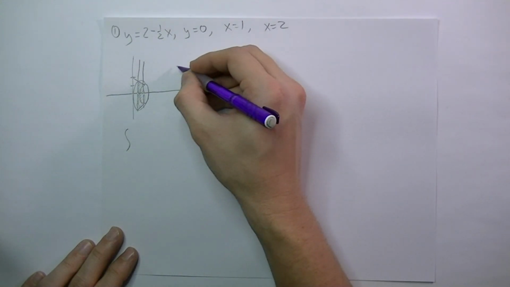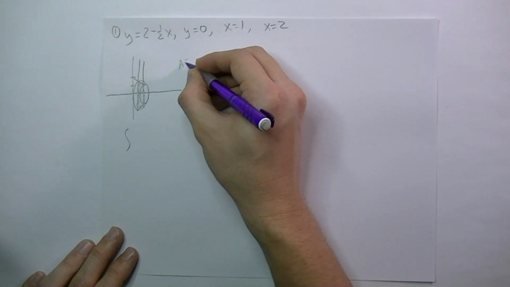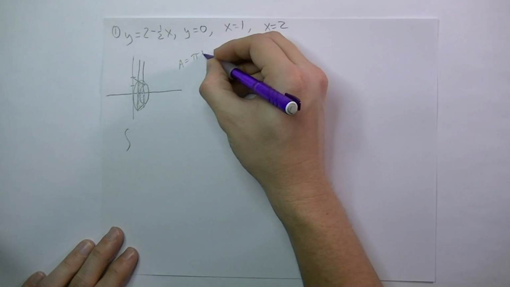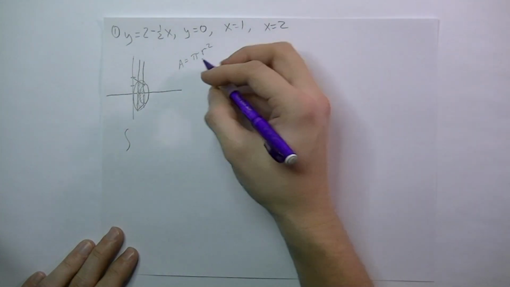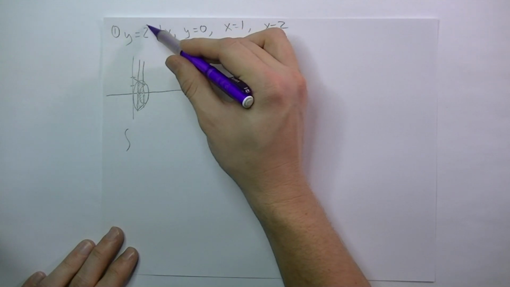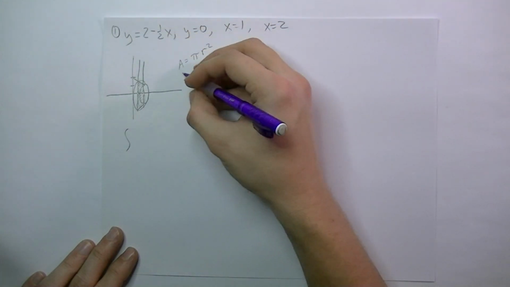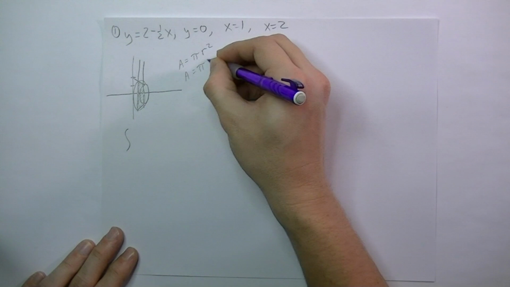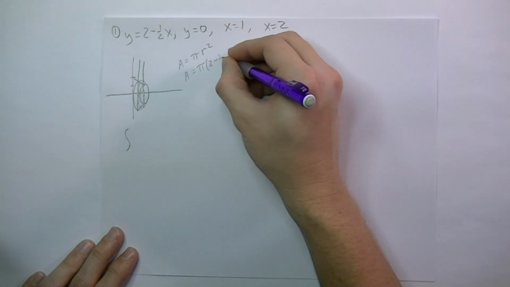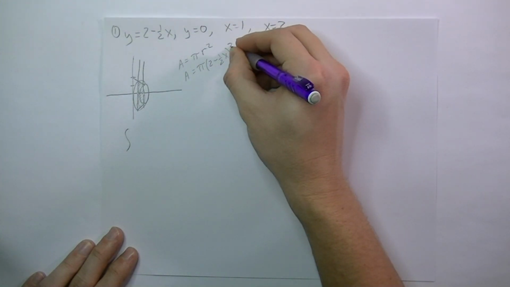is pi times the radius squared. And the radius is this. So the area is actually going to be pi times 2 minus 1/2 x, all of that squared.